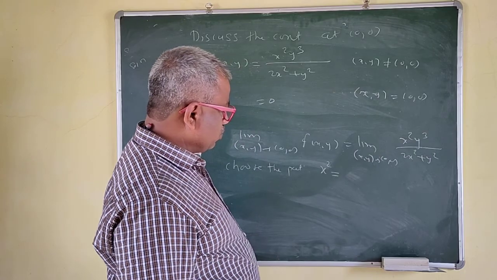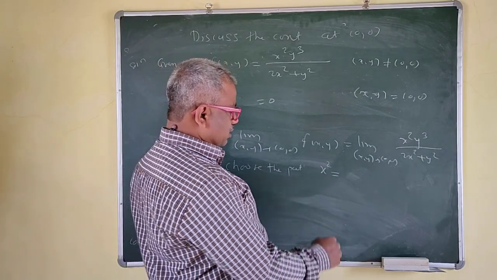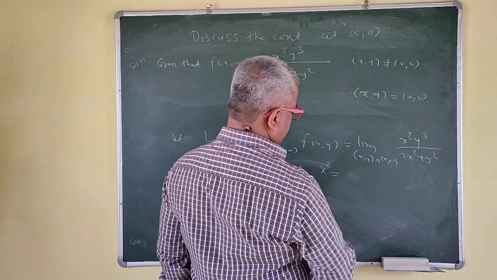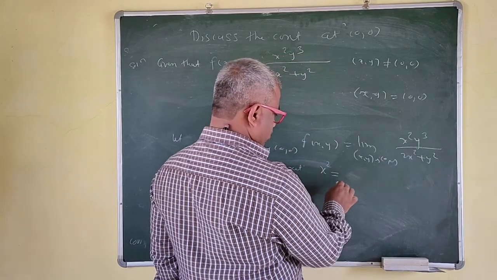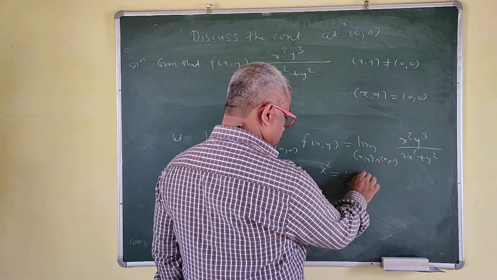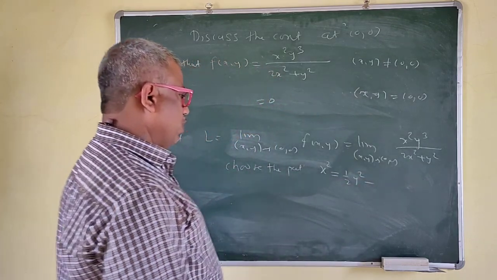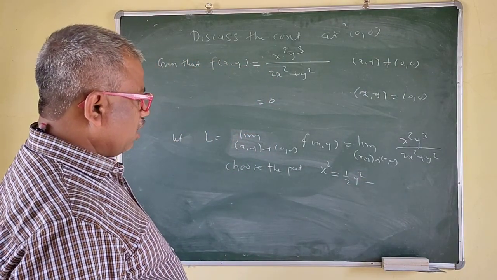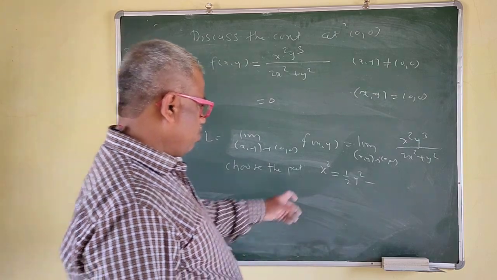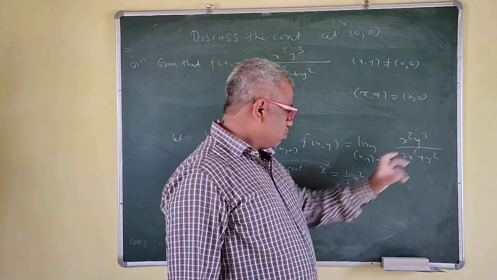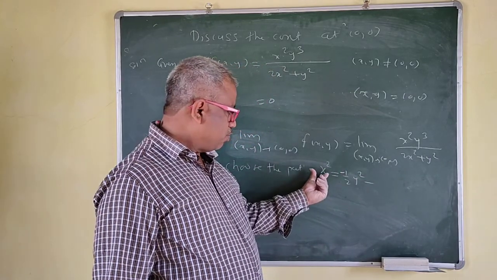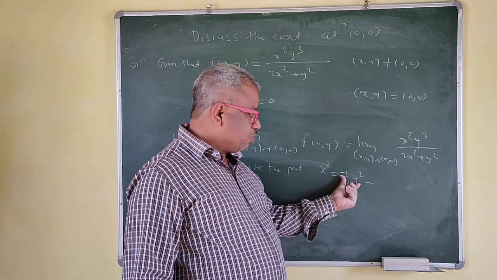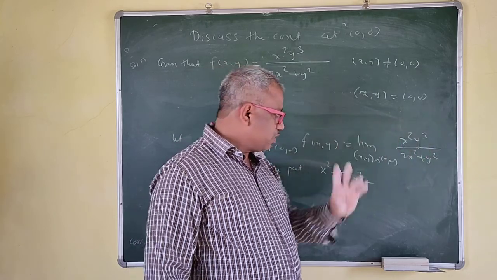So what we'll do for this one, we'll write x square. Your y square should get cancelled. So we'll write 1/2 y square now. 1/2 y square. And what you should get then, if you put here twice x square, then twice y square minus. So if you put twice x square, it will be minus y square, then plus y square gets cancelled.